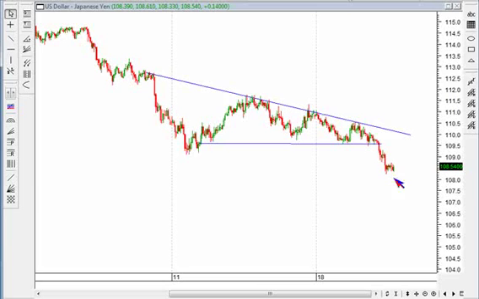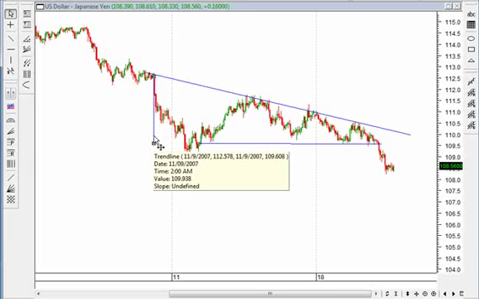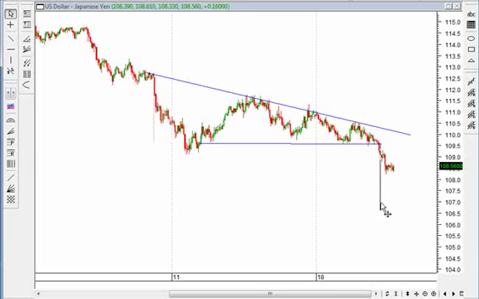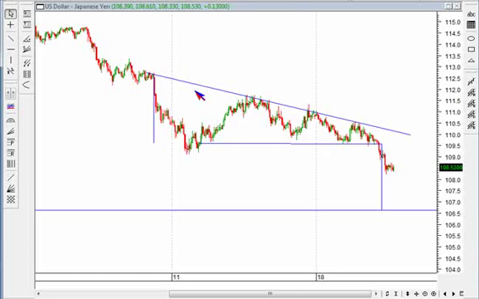And it's broken out here, but again, if you look at the price projection, it's still got a ways to go before that pattern is completely played out. So have that descending triangle on the dollar yen. One more that I wanted to look at was the CAD pair.